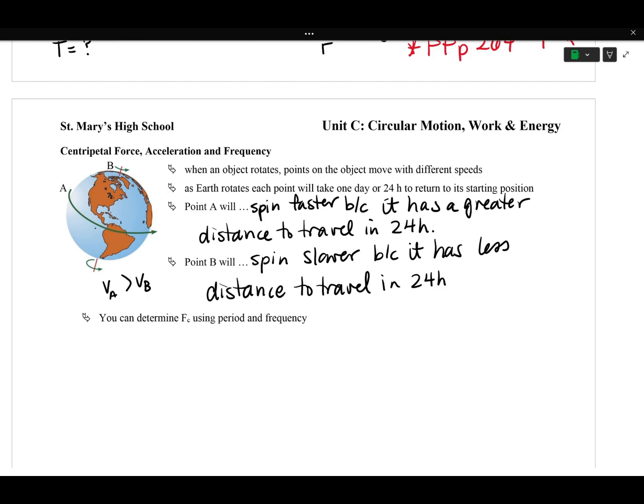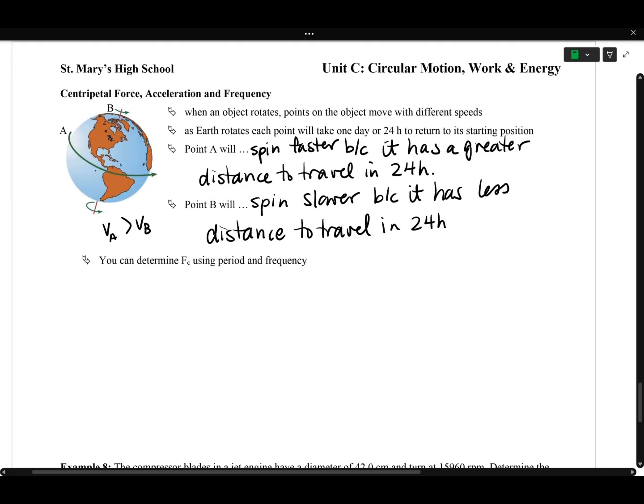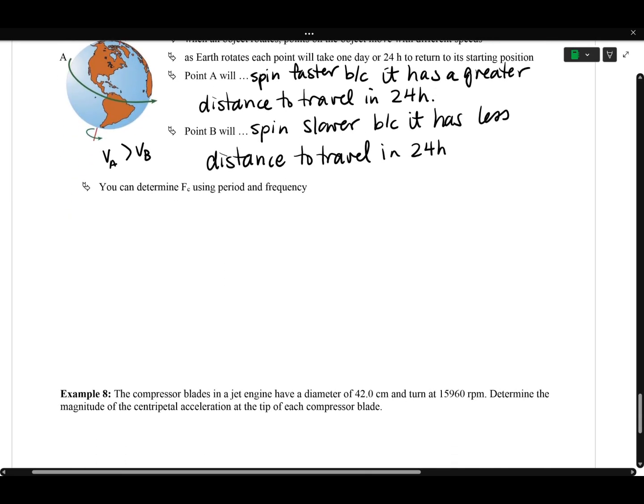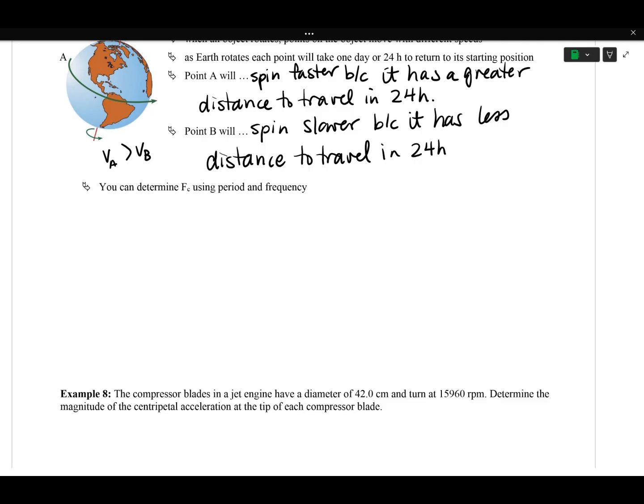Okay, so that means we can use frequency and period to determine our centripetal force. There are a couple of formulas that we need to remember before we do this deriving. And the formulas we're going to derive are not on your data sheet. So you have to always be thinking about how you can plug formulas you know into other formulas to get to a formula that's going to work for you.